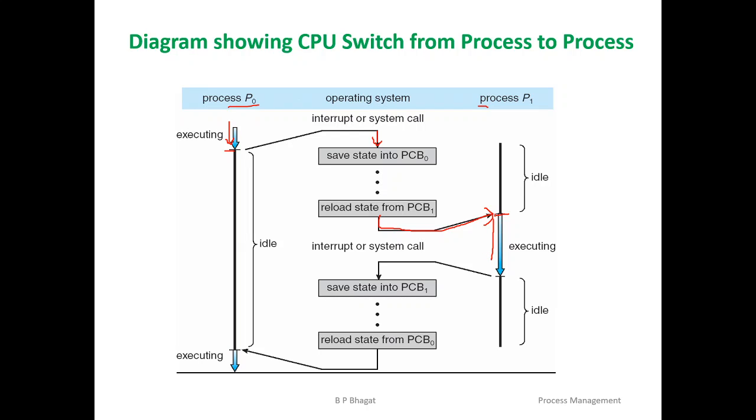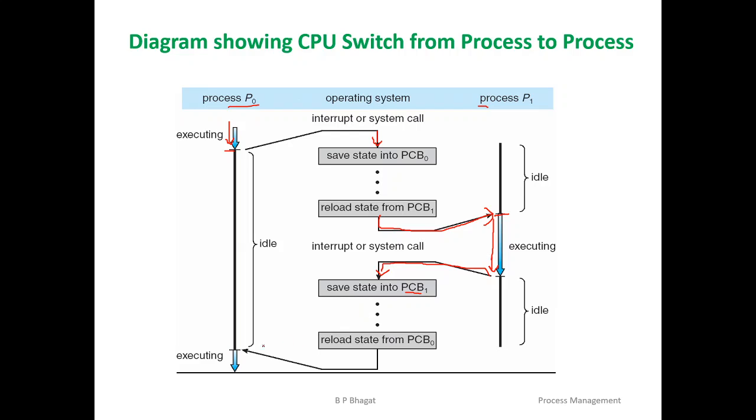So from this particular location to this, process P0 is in execution mode. Now when process P1 wants to stop execution for some reason, the state of process P1 is saved in PCB1.